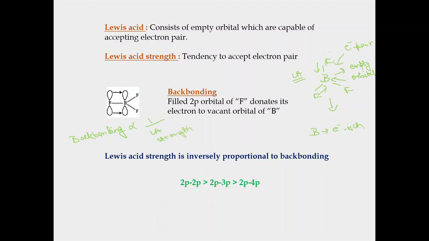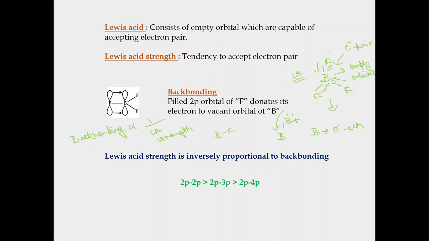Now for this back bonding, fluorine is donating its electron to boron. If both these atoms have a comparable size, then this back bonding will be better than if we have a larger atom. Let's say we have Br. In that case, the size difference is too much, so the donation of electrons from bromine to boron will not be as effective as in the case of boron and fluorine.